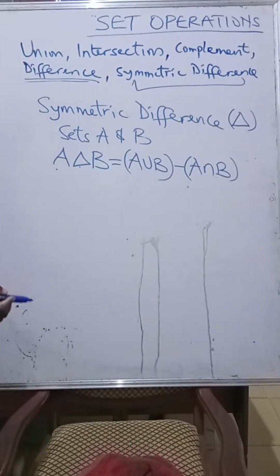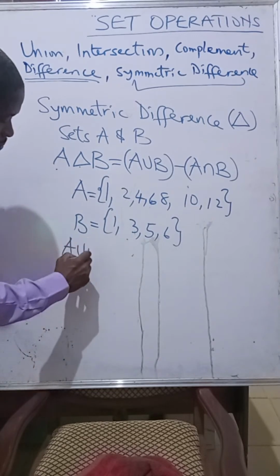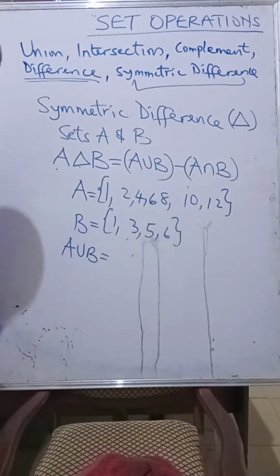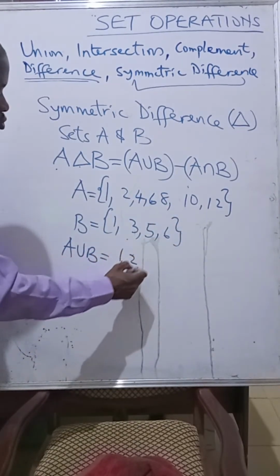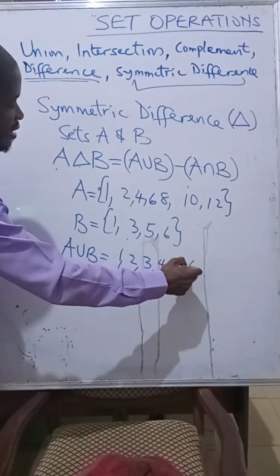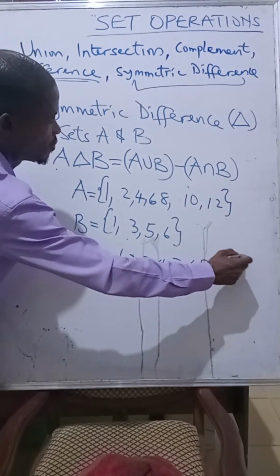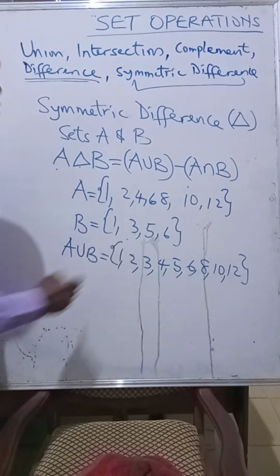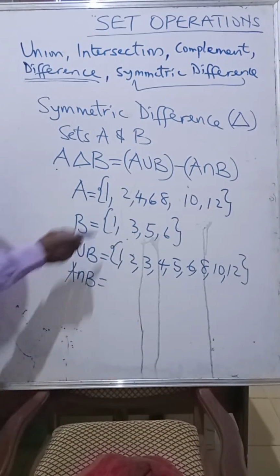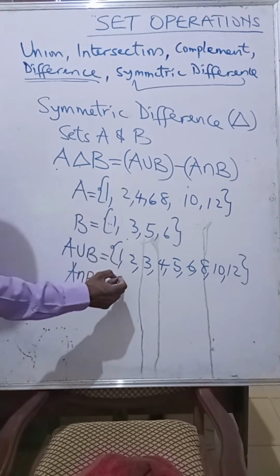The first thing you do is to get A union B, which is the combination of the two sets: 1, 2, 3, 4, 5, 6, 8, 10, 12. That's your A union B. What of the intersection? Is there any common element between A and B? Yes, 1 is there, 1 is here.